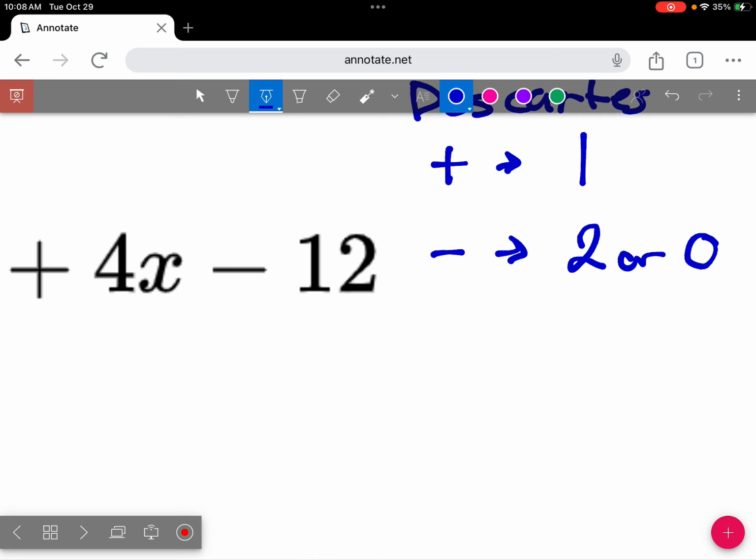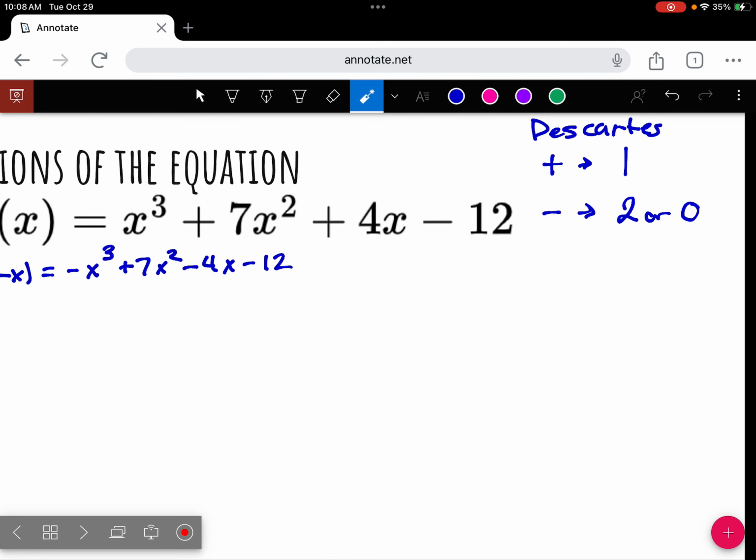Why is your 12 negative? If we substitute in minus x, this guy isn't going to change because it doesn't have an x to it. So its sign isn't going to change. It's only the ones that are odd degrees that actually change sign. This is only for the Descartes part, and all that does is help us choose which ones to guess and check on. You don't have to do this, but if we wind up with no negative real roots and we start and only do negative numbers, we might get real frustrated.